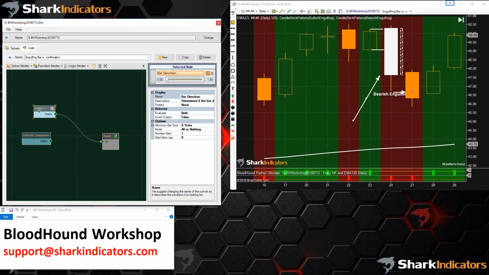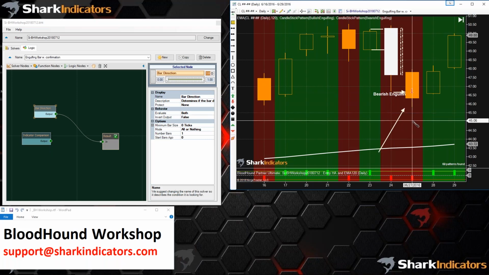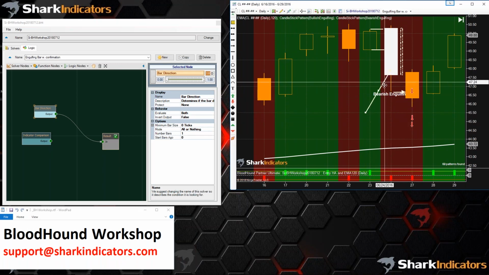So if we plug this in, this is a down engulfing bar, and we're getting a short output. Great. Ultimately, we're looking for a short signal on the confirmation bar, because the engulfing bar is a down bar.